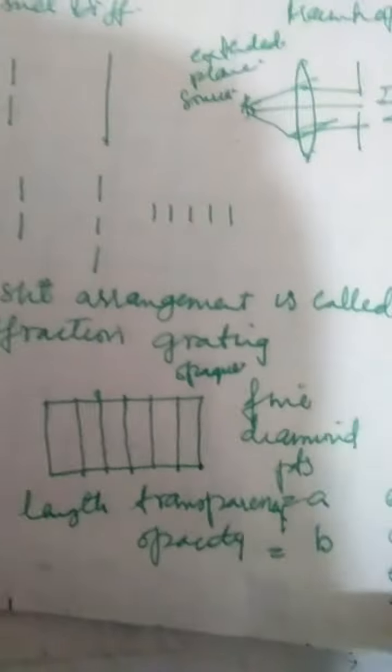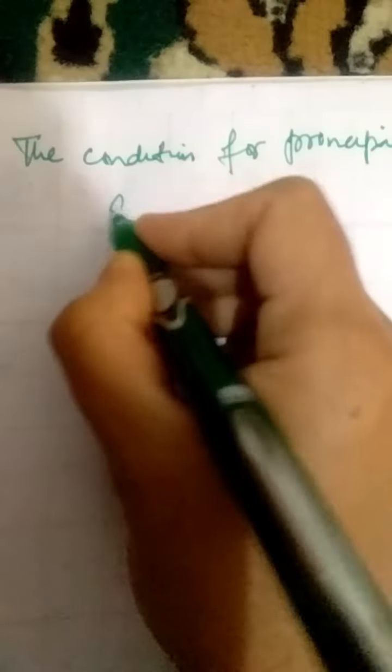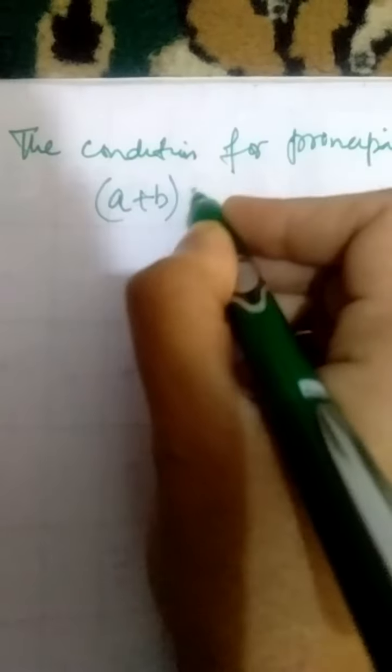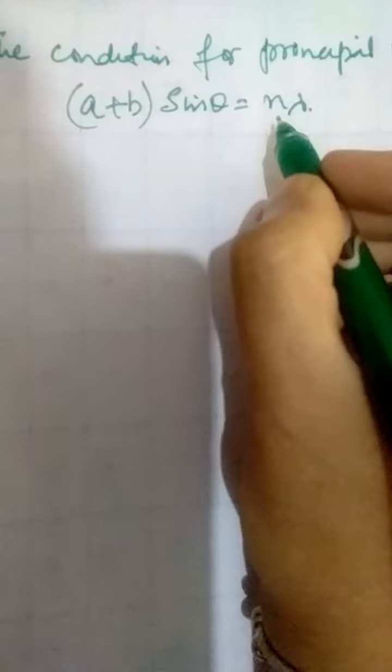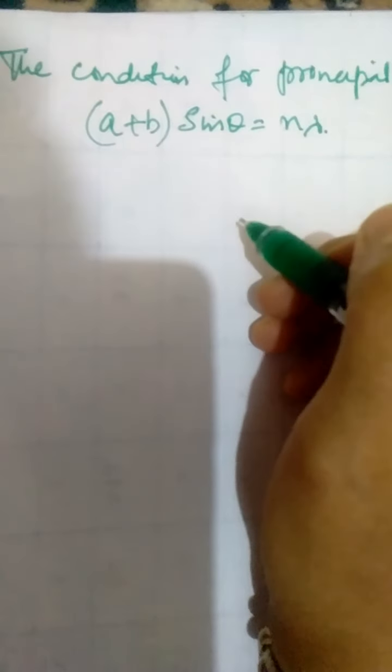From here I want to take you to the next page. The condition for principal maxima will be (a plus b) sine theta is equal to n lambda, where n is the order of the spectrum, right?